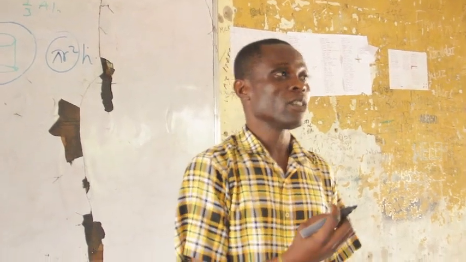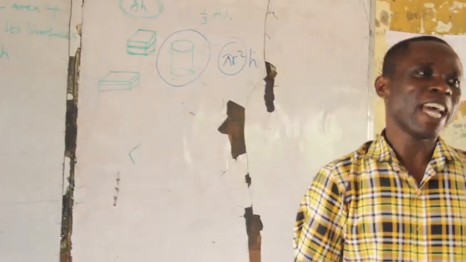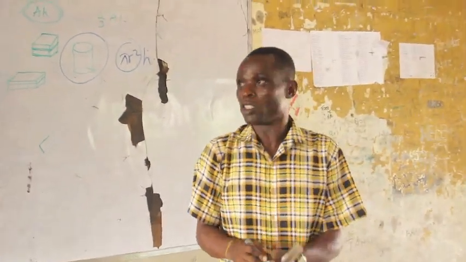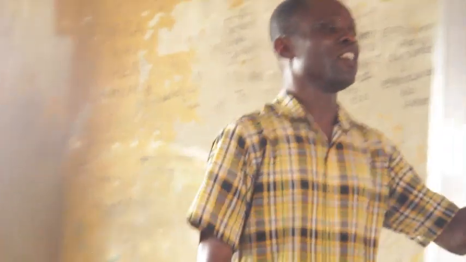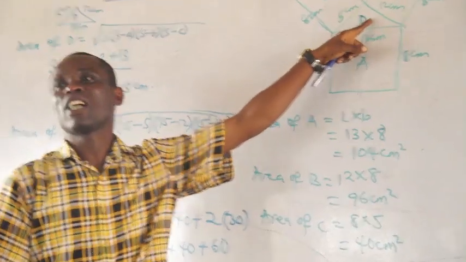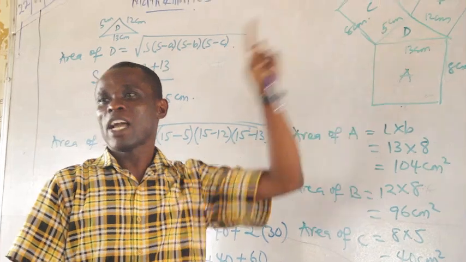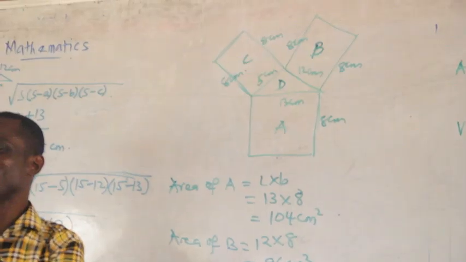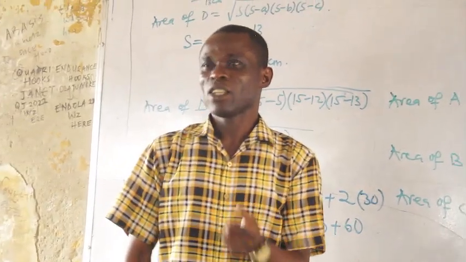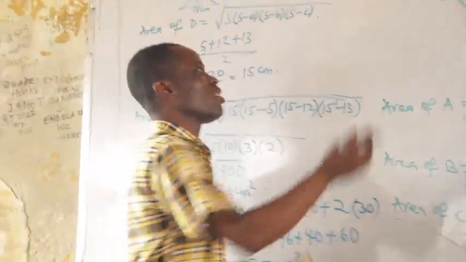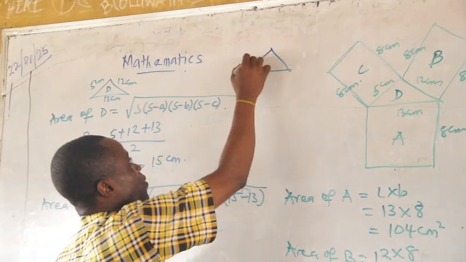Is that settled? Okay. Now, write it down. Let me give you classwork to do on this topic. If this base here is an equilateral triangle, I need just one area of rectangle and multiply by 3. Let's assume that the base is 5.